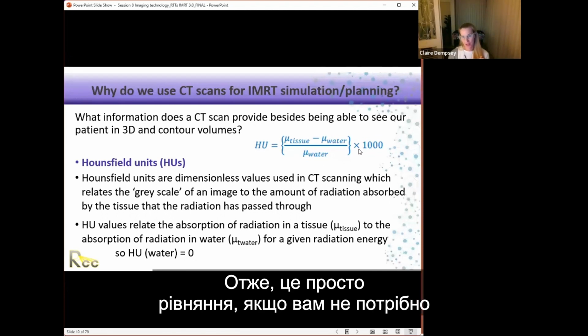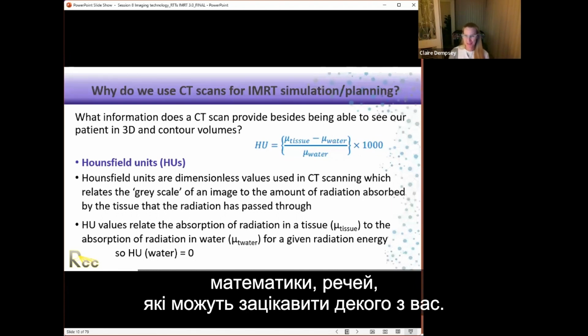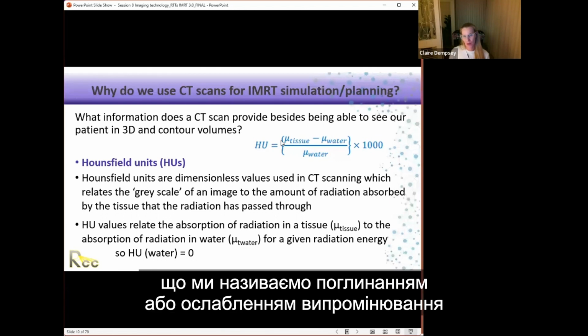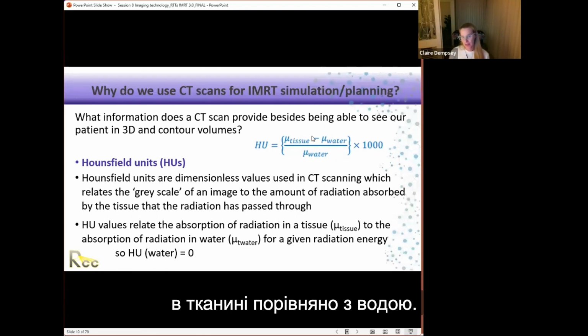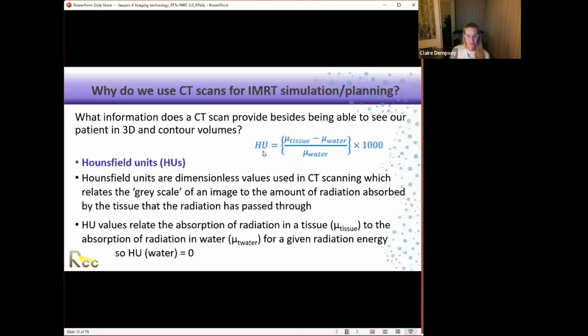And this is just an equation here. You don't need to remember the equation, but it's a little bit of physics math that might interest some of you. So you're just looking at the difference in what we call absorption or attenuation of radiation in tissue compared to that of water, and you get this value called a Hounsfield unit.